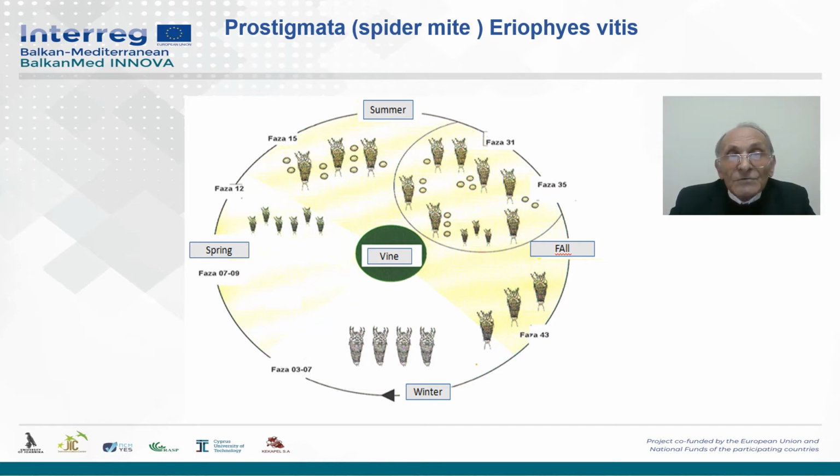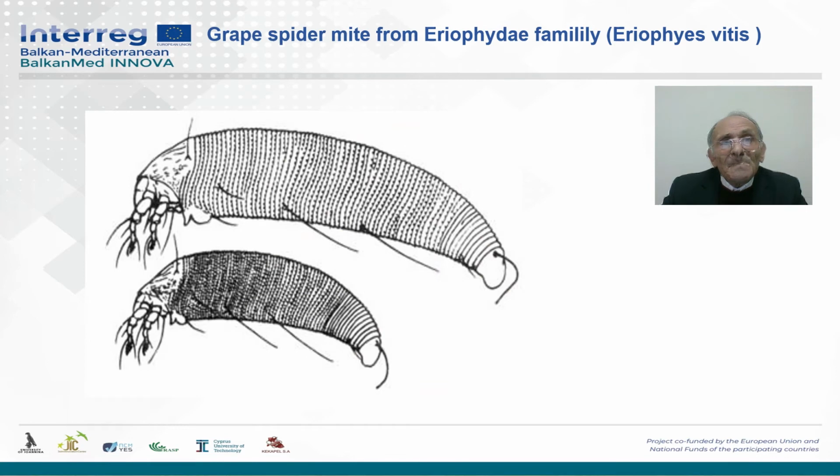Sometimes it's difficult to see with the free eye. We need a loupe, or we can see only under binocular. The picture of Eriophyes vitis in the leaf. We can see the symptoms on the underside of the leaves.